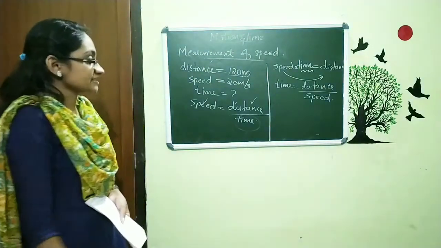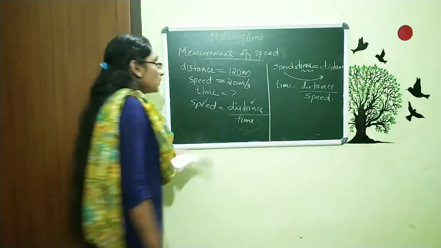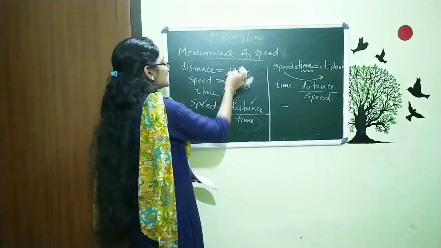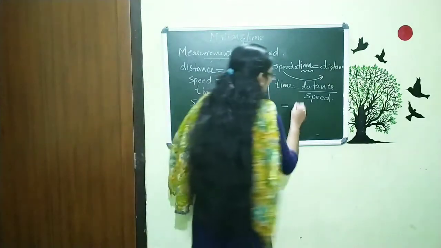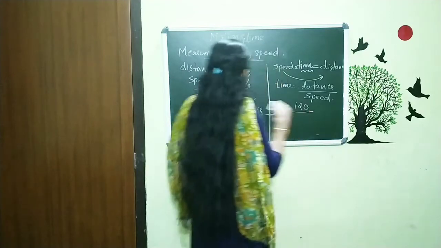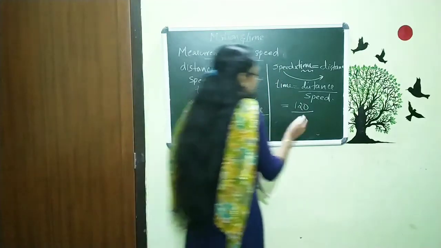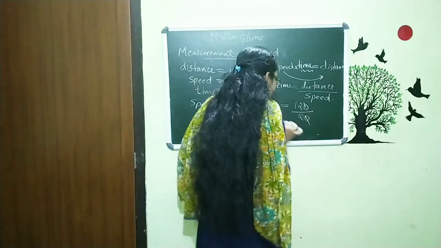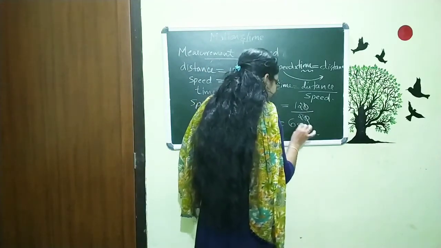This is the equation for the time. Very straight question: we have the distance and the speed, so 120 divided by 20. When we calculate this, we get the value as 6 seconds.